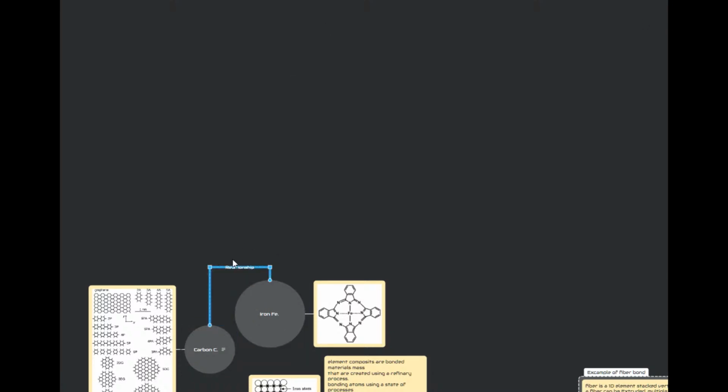The relationship to this is molecular bond. Is it an electron? What is the bond?